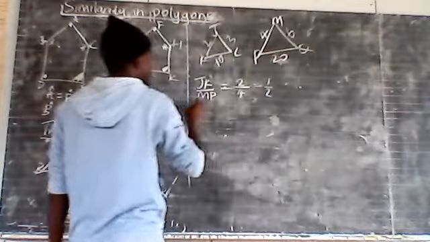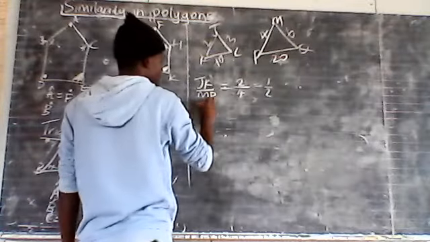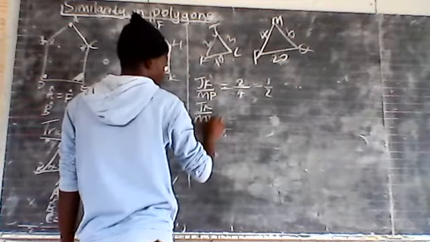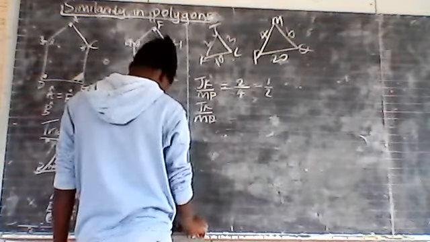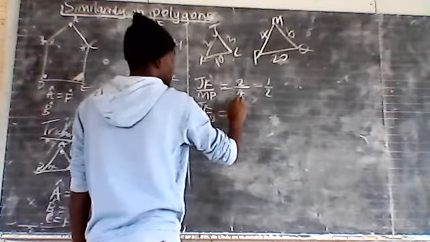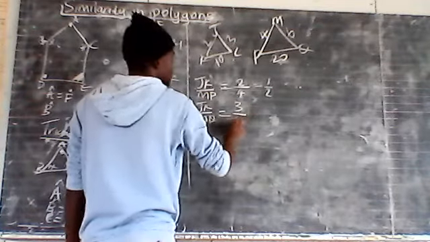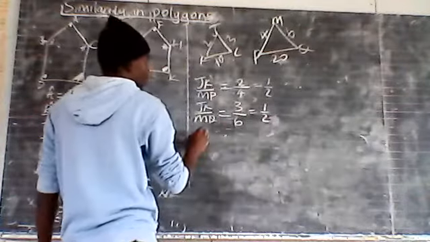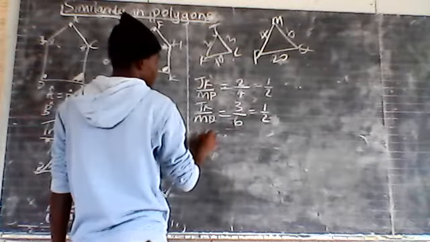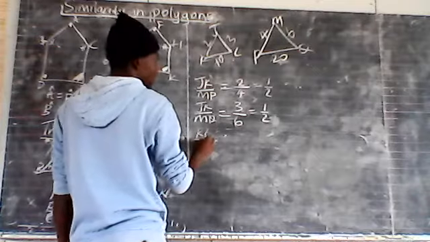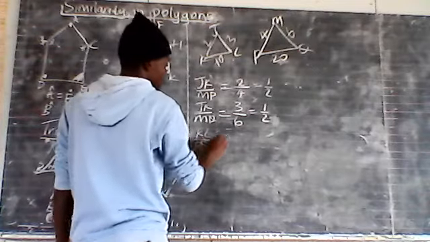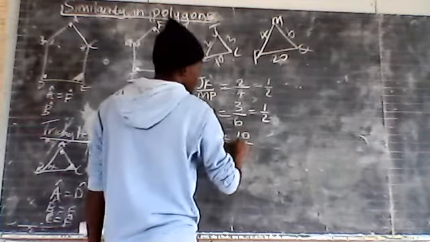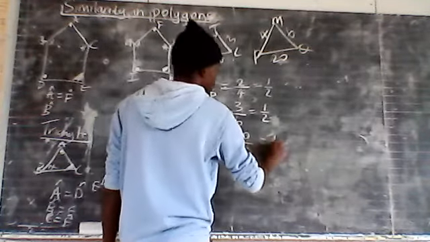Say for instance I take JL and divide it by MQ. So I've also got 3 for JL and 6 for MQ, which gives me another half. Lastly, I'm going to take KL and divide it by PQ. It should be 10 over 20, which will also give me a half.